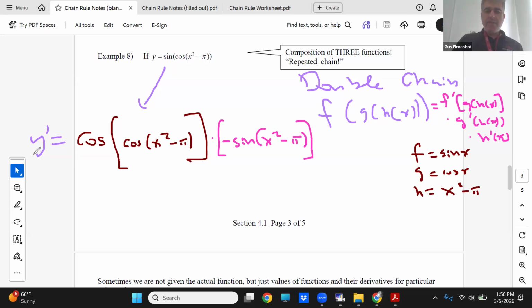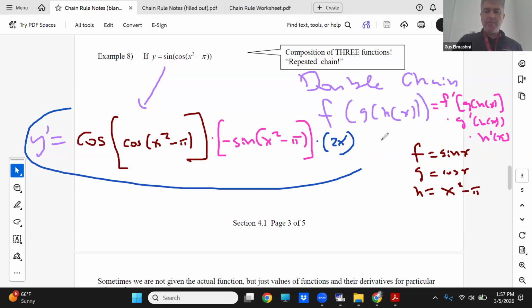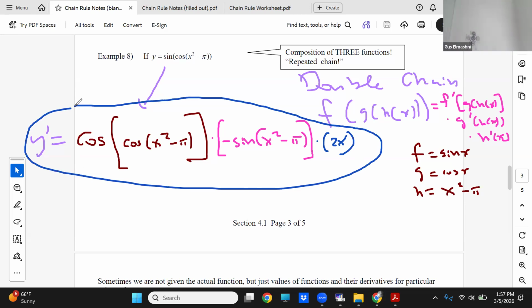And finally, what's the derivative of x squared minus pi? 2x. And that's going to be your derivative. So keep the outside, do the derivative of the outside, keep the rest intact. Derivative of sine is cosine. Then you do the intermediate, which is negative sine, but keep its inside intact. Then multiply by the derivative of the inside.